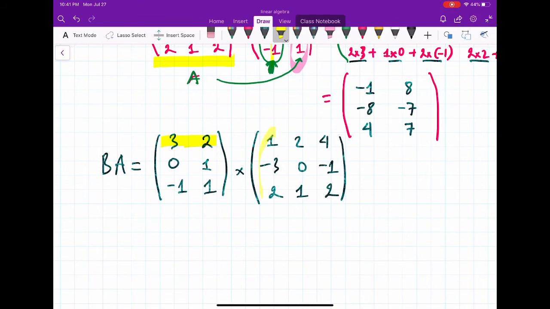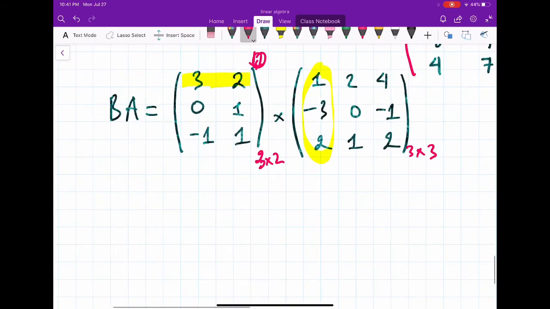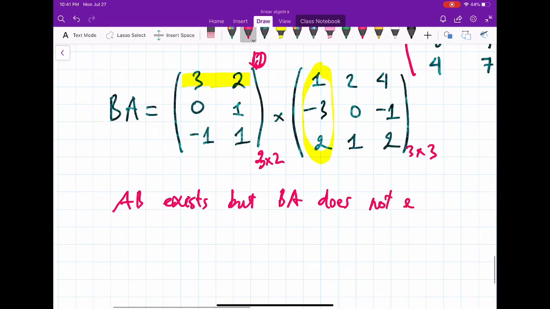So there's no way to multiply with this column because you don't have enough terms in here. Is that correct? So if you have this is 3 by 2 and here 3 by 3, there's no way to multiply them. That means in this case, AB exists, but BA does not exist.